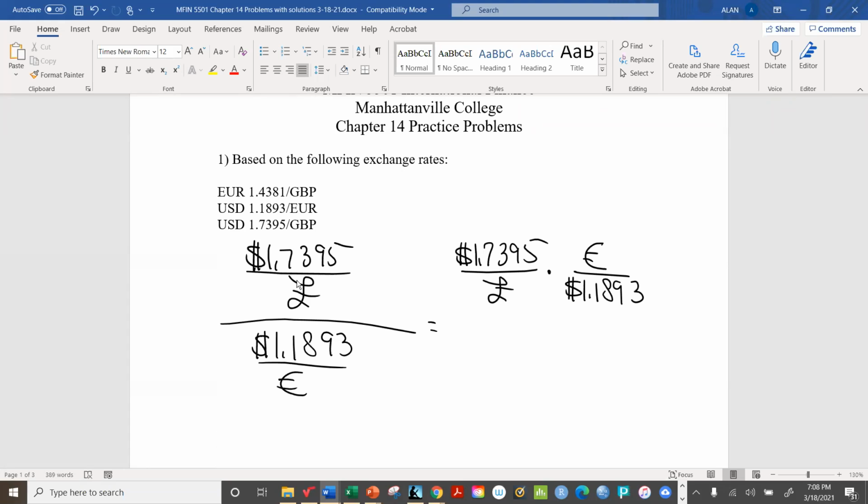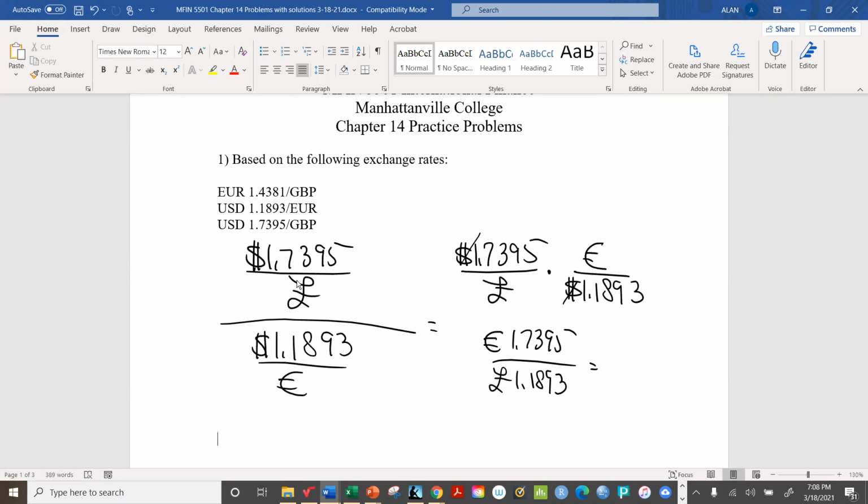So now what this actually means is that the dollars cancel each other out. And now you've got so many euros per pound, which is what we're aiming for. So we'll figure that out in a second. 1.7395 euros is required to buy 1.1893 pounds.